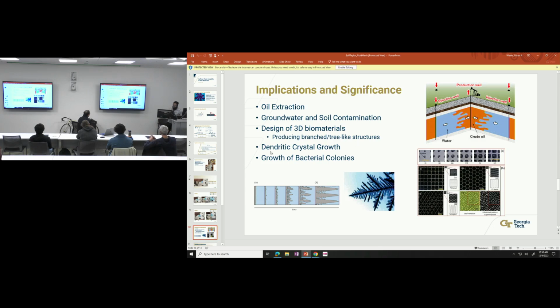And then also, because of the season, dendritic crystal growth. So the creation of a snowflake follows viscous fingering as well as growth of bacterial colonies.